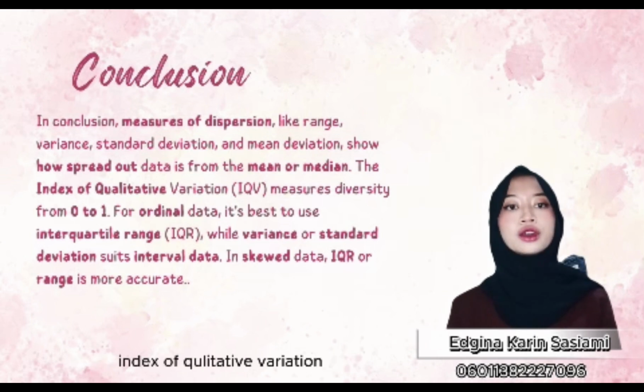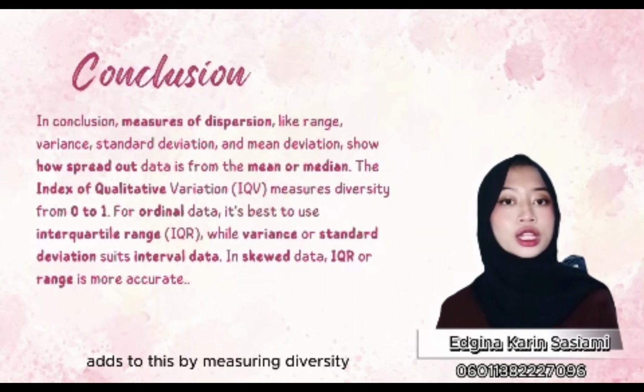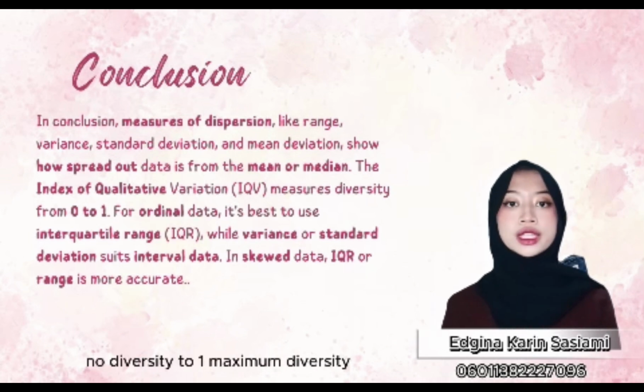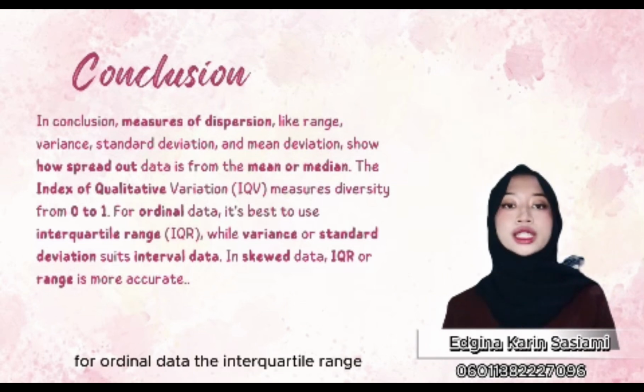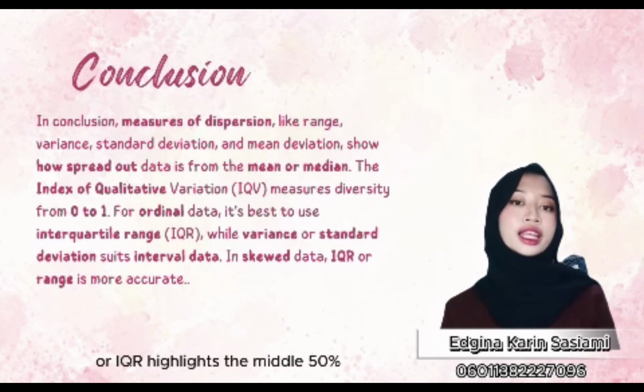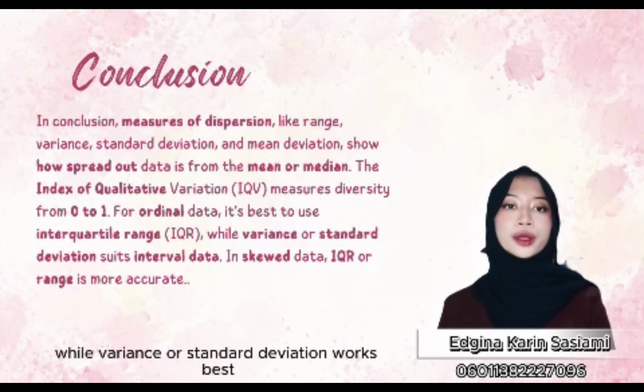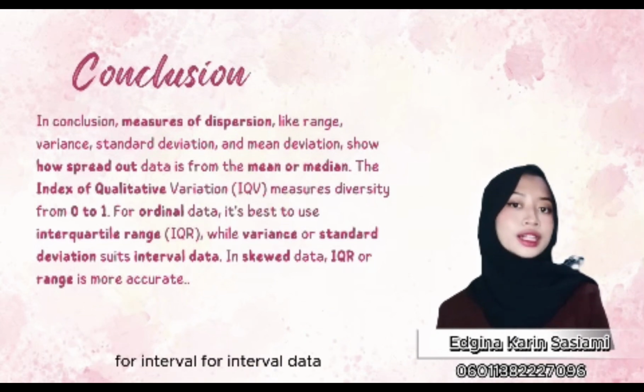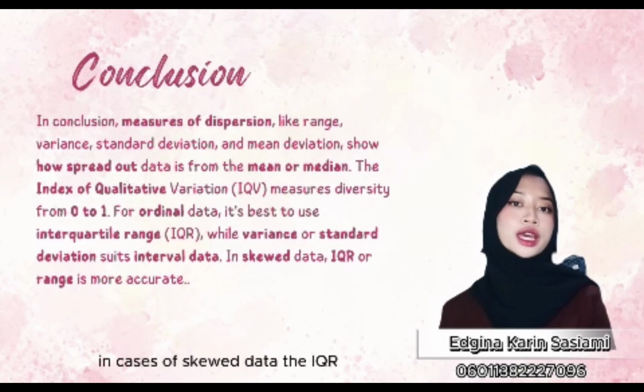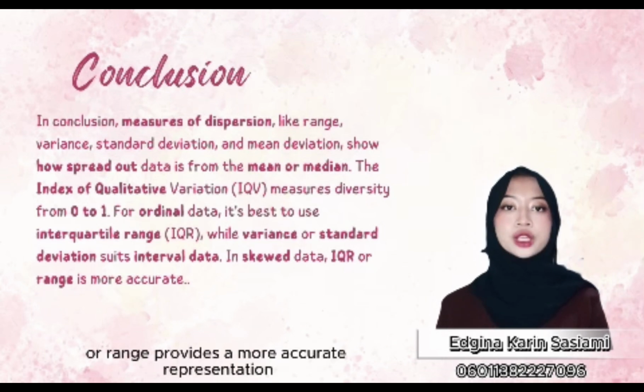The IQV, index of qualitative variation, adds to this by measuring diversity on a scale from 0, no diversity, to 1, maximum diversity. For ordinal data, the interquartile range, or IQR, highlights the middle 50%, while variance or standard deviation works best for interval data. In cases of skewed data, the IQR or range provides a more accurate representation.